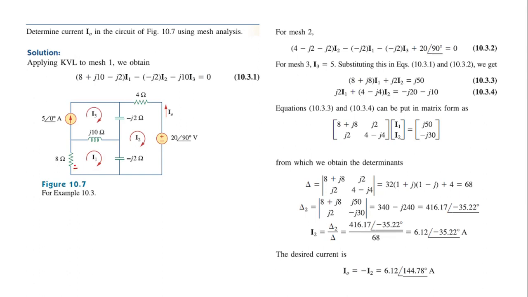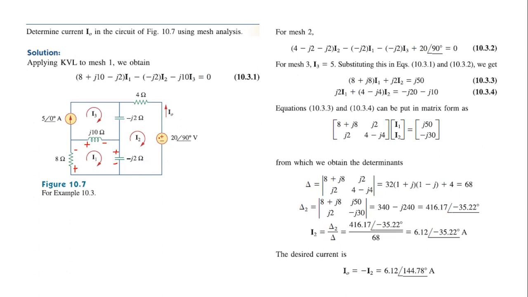For this resistor, it is plus minus, and the current flows here. These are all passive elements, so we have a voltage drop in these elements, so we take it as plus minus, and again plus and minus here. Now this is the first mesh.